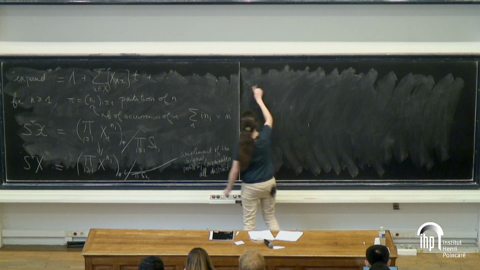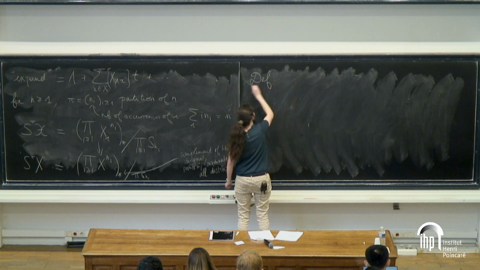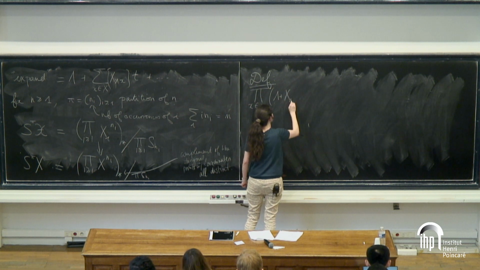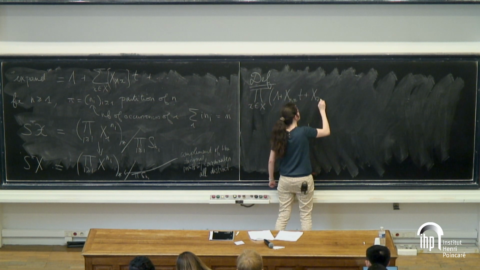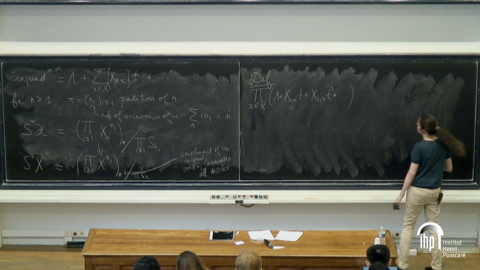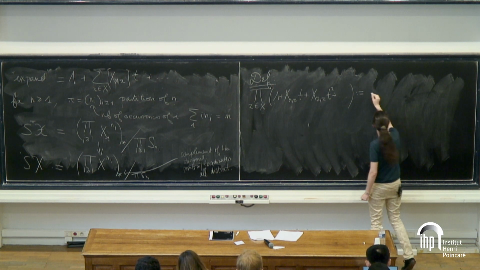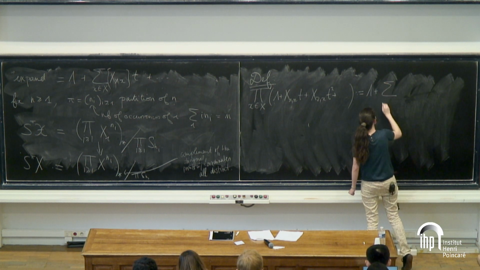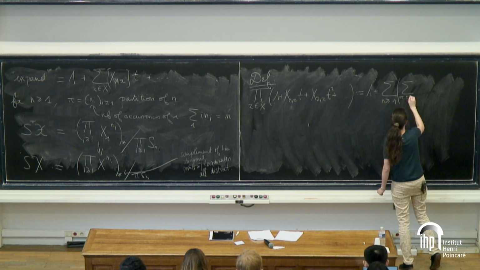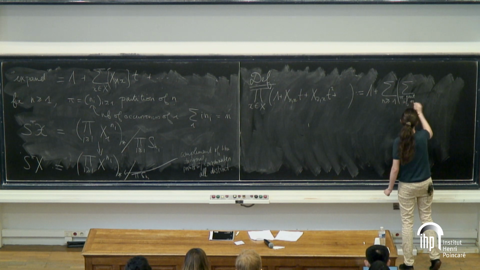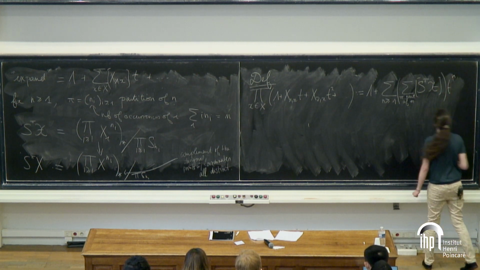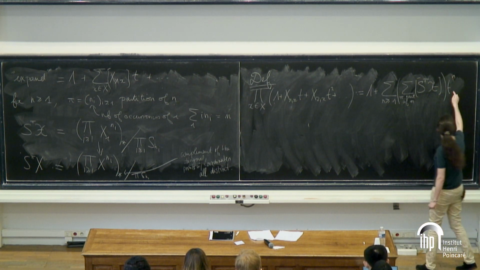So definition, this Motivic Euler product, for now, I define it as a notation for the following series: sum over n and sum over pi partition of n of the class of S_pi curly X, for all partitions pi, t to the n.